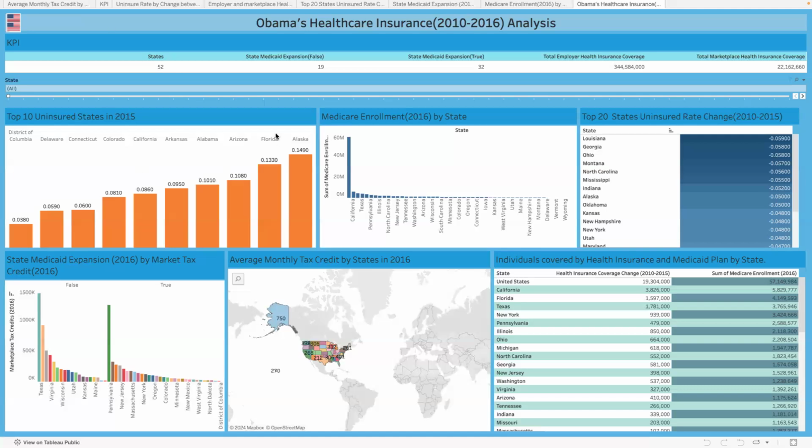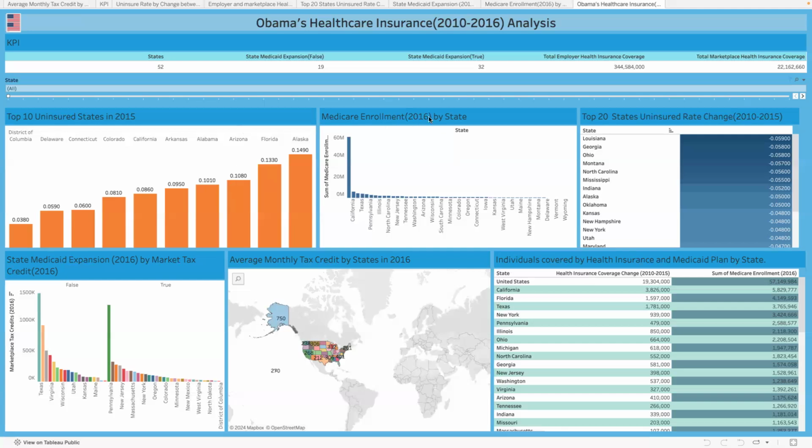Here we have the top 10 uninsured states in 2015. Alaska is the highest uninsured state in 2015, with 15% of its population uninsured, followed by Florida, Arizona, and others.